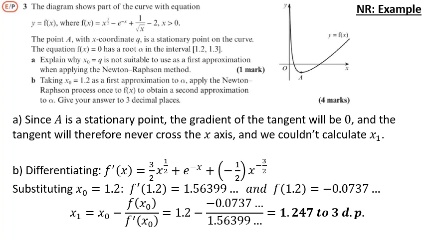So if we want to find x1 and we already have x0, we need x0, f of x0, and f dashed of x0. Substitute all of those in and you'll generate a number. And we can verify that that's sensible by looking at the question. It says there is a root between 1.2 and 1.3, and the value we get is between 1.2 and 1.3.